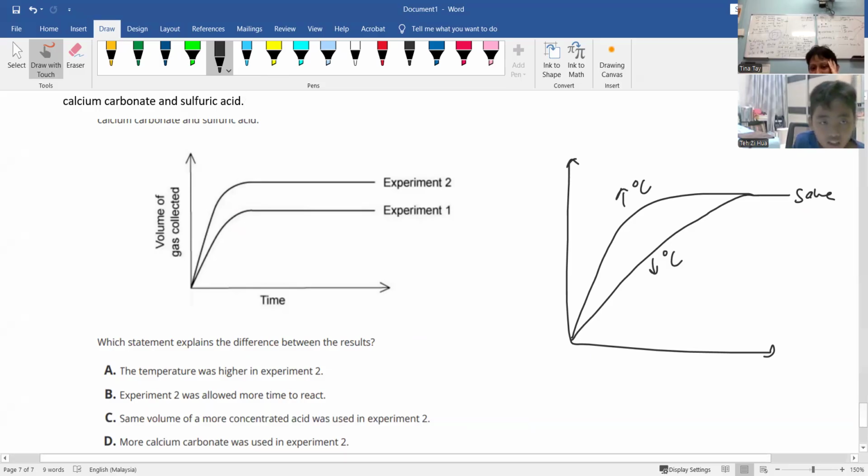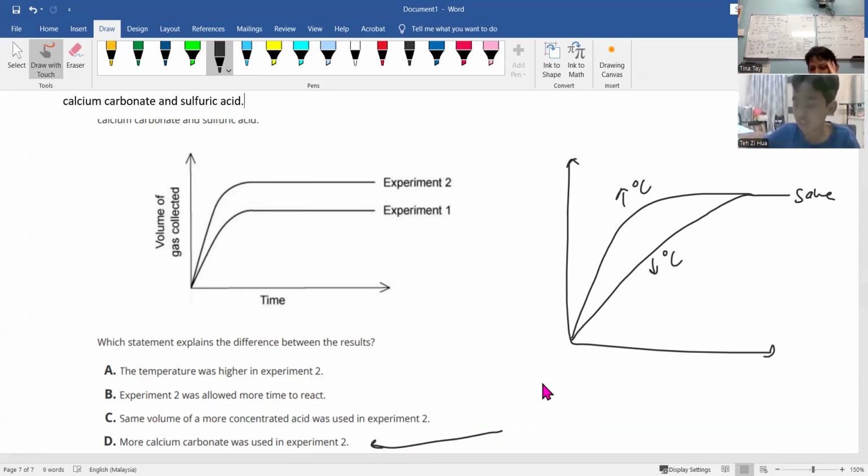If more calcium carbonate was used, it would be like this. Okay? Think again, think again. More calcium carbonate was used. No, no, no.